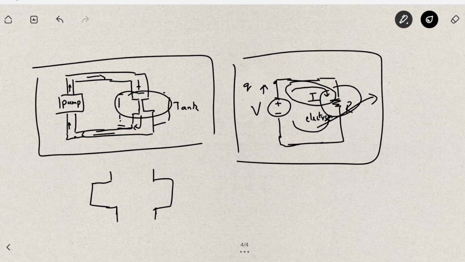Or you can say the current through this path will be restricted, like water will be restricted if the tank is constricted. If the tank width is less, you can compare it to more resistance. That means more resistance is being offered to the flow of water.